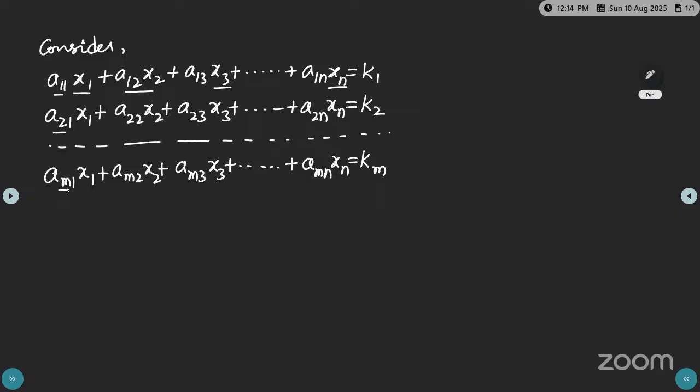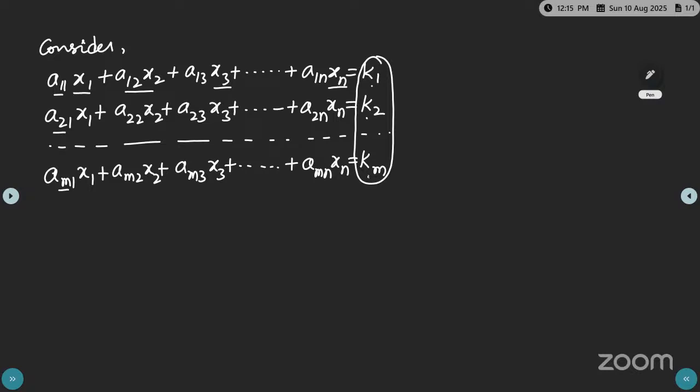And all these are constants. If at least one of them is not equal to 0, we call it non-homogeneous. If all are zeros, homogeneous. Now how many constants are there? 1, 2, up to so on, m.